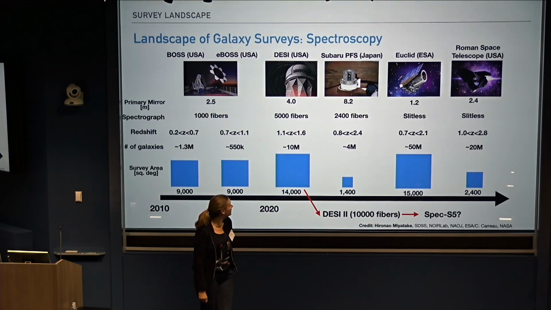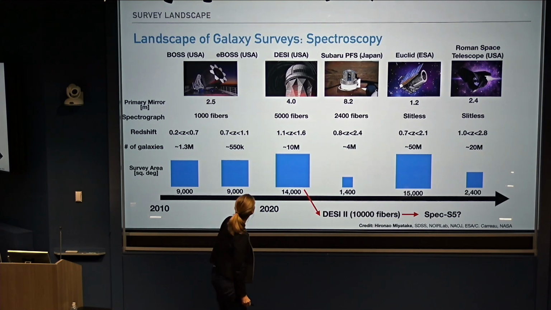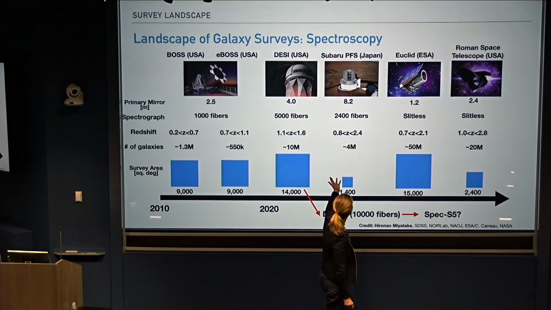On the spectroscopic side, we've been learning many of the lessons for the cosmological scale analyses from BOSS and eBOSS. Right now, we are in the era of DESI, the Dark Energy Spectroscopic Instrument, and soon Subaru PFS. Very much looking forward to it. Both of those are fiber-based.